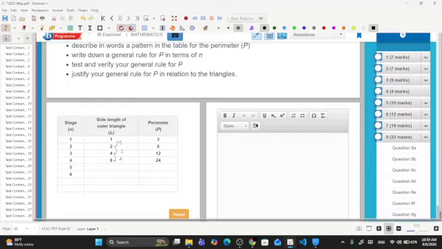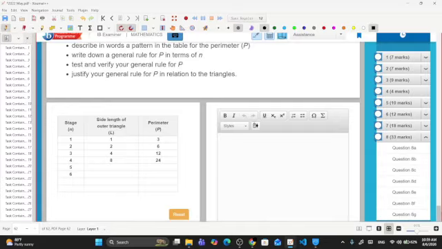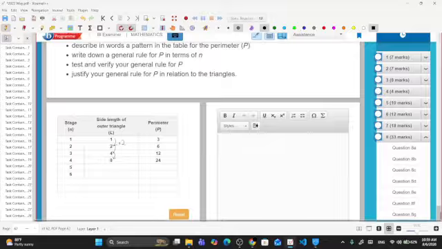In fact, no. Basically, it's multiplying by 2, okay, there is a multiplication. So it's not a quadratic sequence, neither is it a linear sequence. So here we are going to have 16 and here we are going to have 32. Alright. As far as the perimeter is concerned, since each and every triangle has 3 sides in total, 16 times 3 is 48 and 32 times 3 is 96.